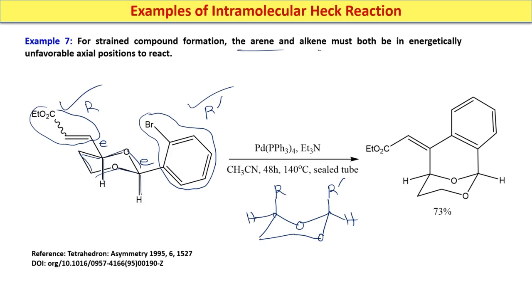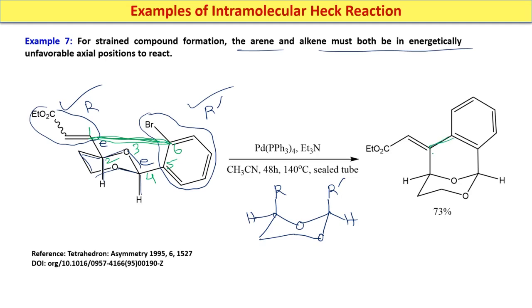So the arene and alkene must both be in the energetically unfavorable axial position so that they can come close to each other, and ultimately there will be formation of a bond. If I put numbering here, it will be 1, 2, 3, 4, 5 and 6. So you can see these are the positions where it is connected, and we are getting a 6-member ring.